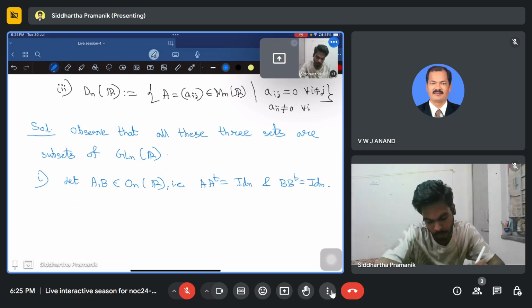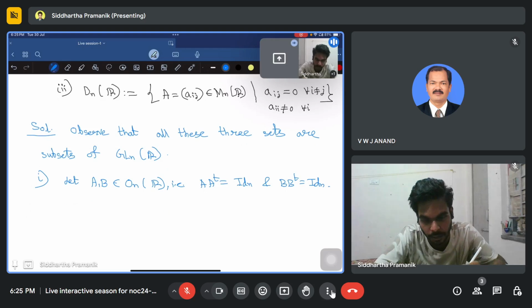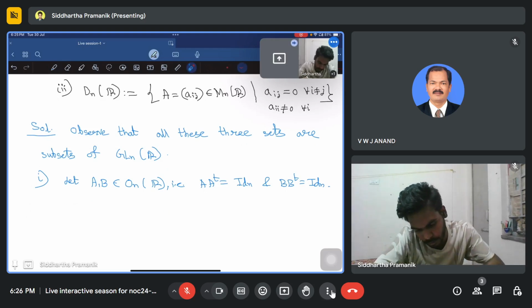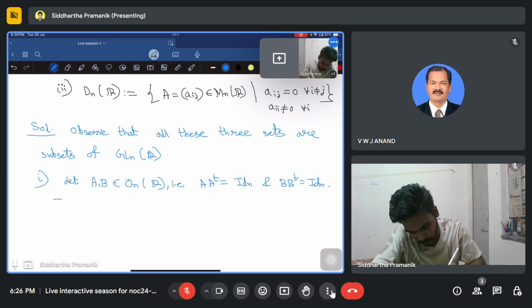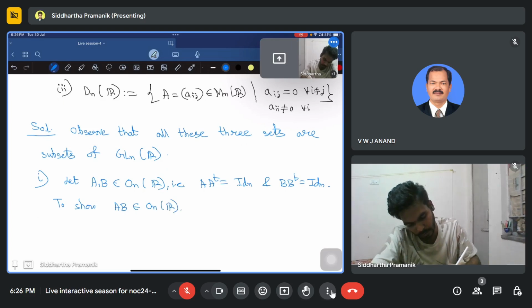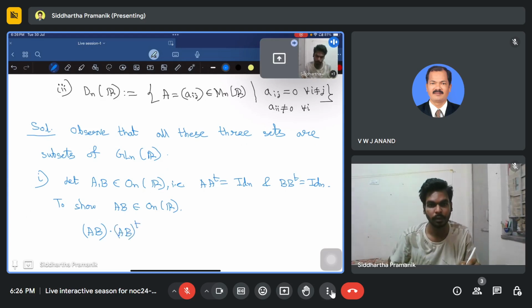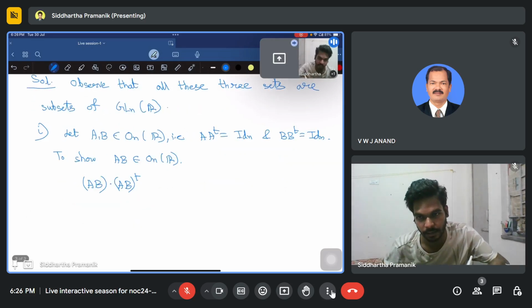So we need to prove the matrix AB also lies in the set O(n, R). To show AB belongs to O(n, R), AB times the transpose of AB, we need to prove this should be the same as the identity matrix, right?